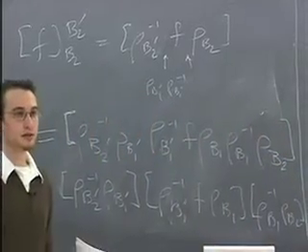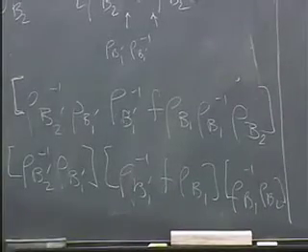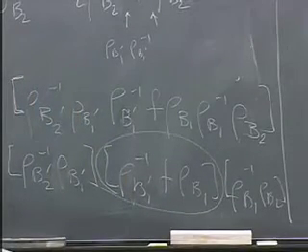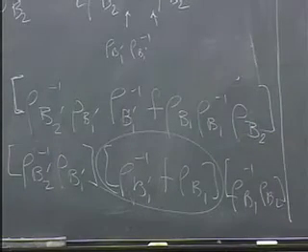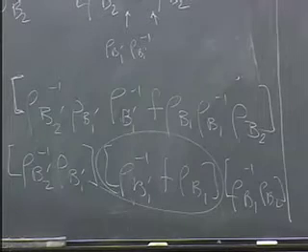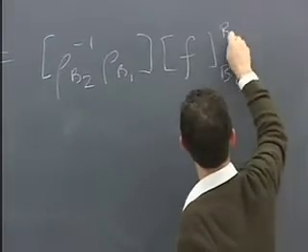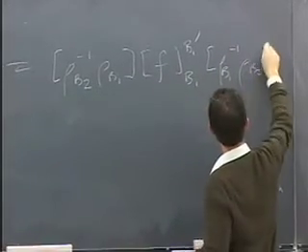Why did I do this? Well, stuck in the middle here is F with respect to the bases B1 prime and B1. This thing is exactly equal to rho B1 prime inverse rho B2 prime, the whole thing times F with respect to B1 prime and B1, times rho B1 inverse rho B2.